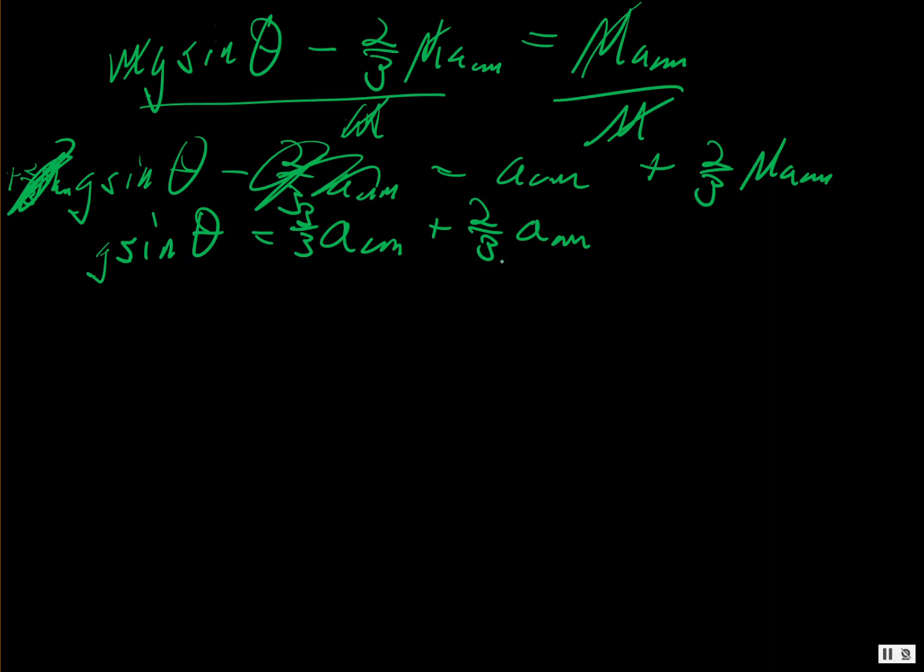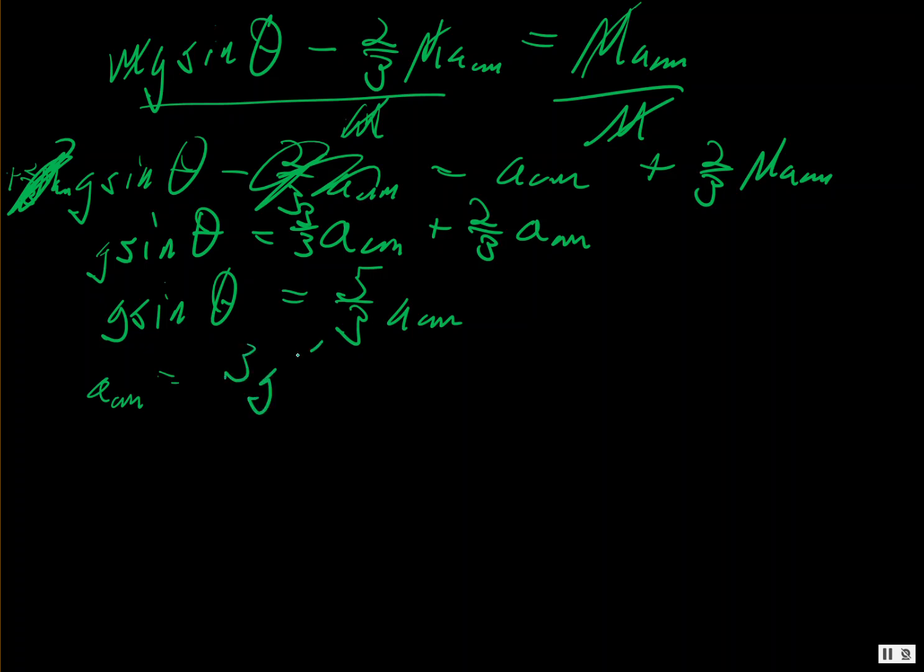Why did we pick 3? Over here the denominator is 1, and here it is 3, so we pick 3. Add them together and we wind up with g sine theta equal to 3 plus 2, which is 5/3 a center of mass. Now we can solve for a center of mass. So a center of mass is equal to what?